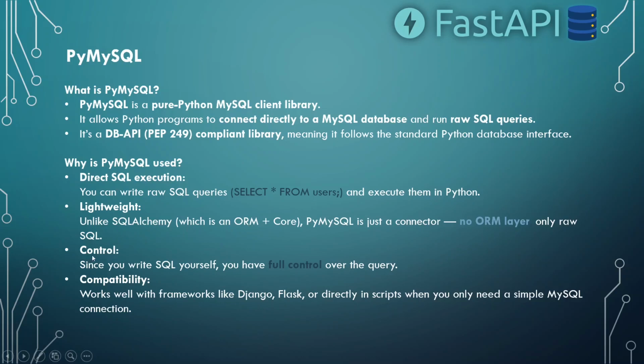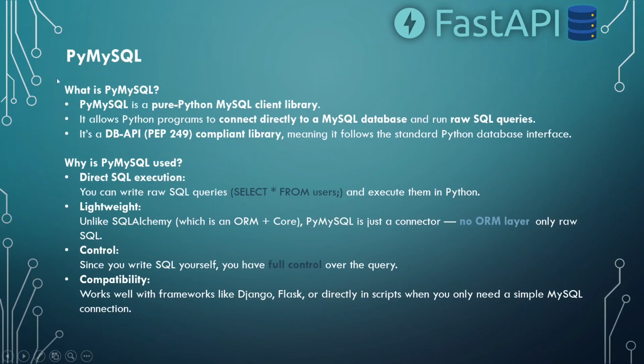The next is control. Since you write SQL yourself, you have full control over the queries, which means you can write complex queries to the database. Then compatibility: it works well with Django, Flask and directly in scripts when you only need a simple MySQL connection.